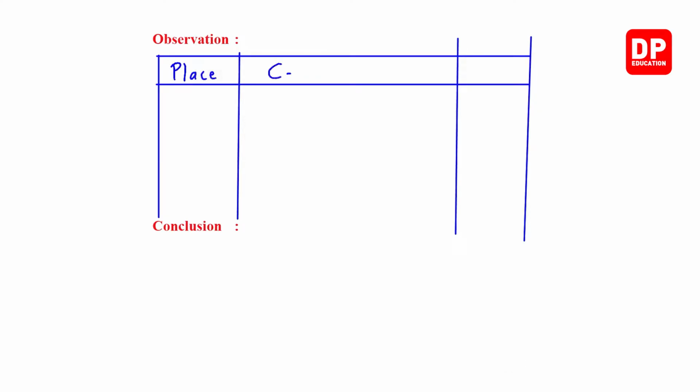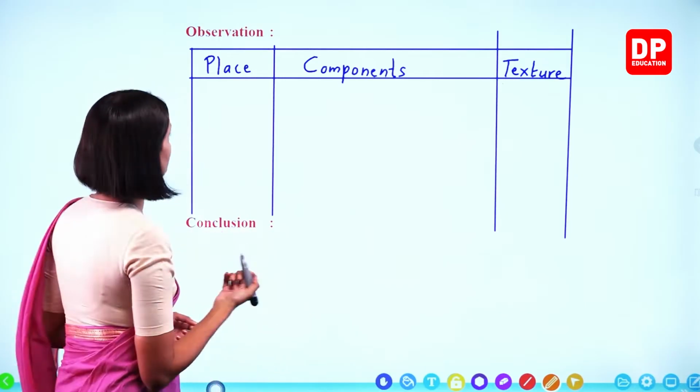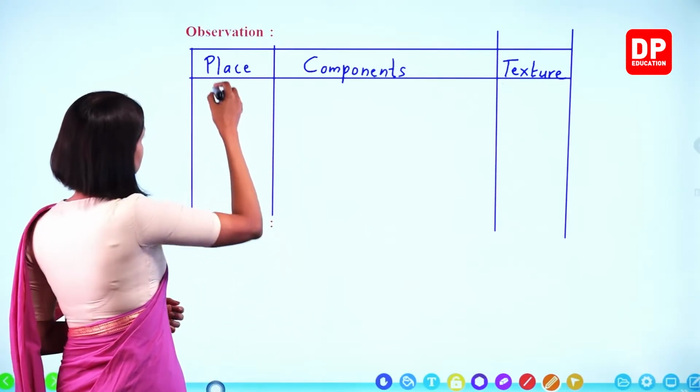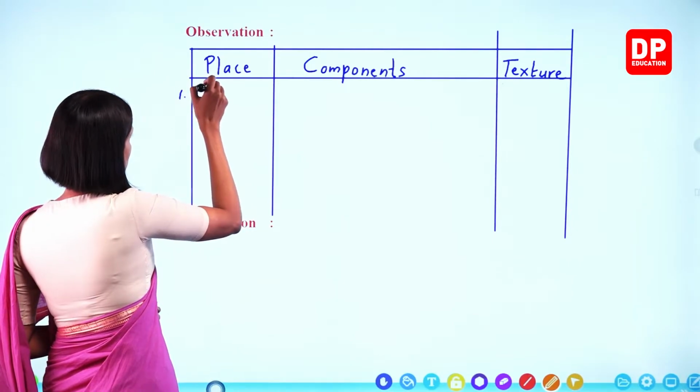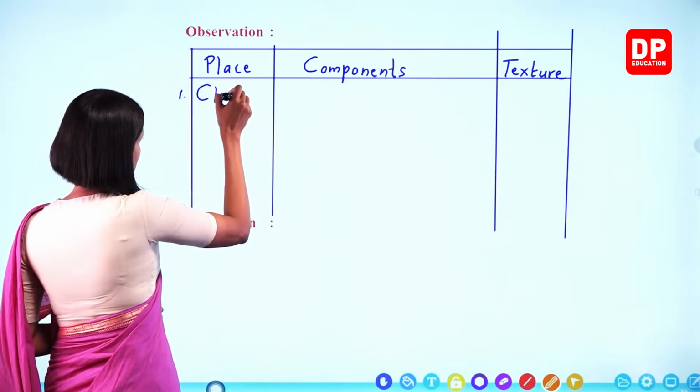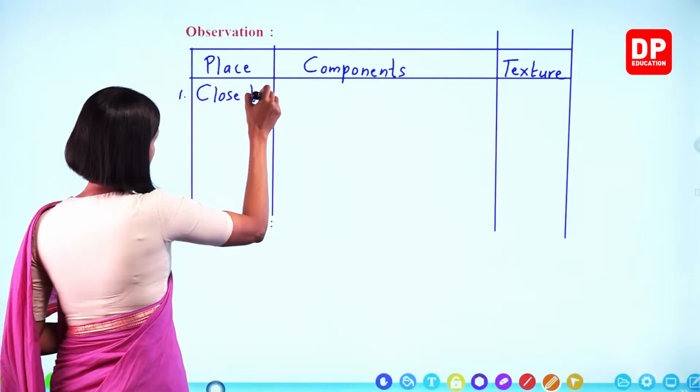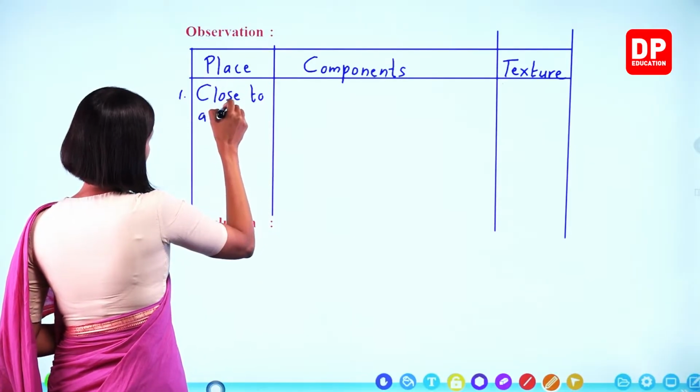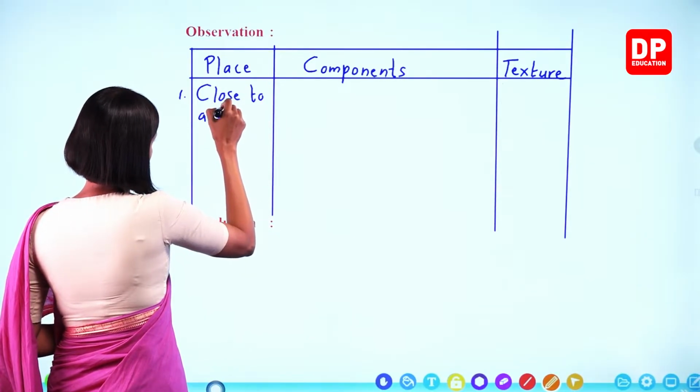Place, components, texture. Whether it's rough or smooth, okay? Right, what's the first place? Closer to a tree. Close to a big tree.